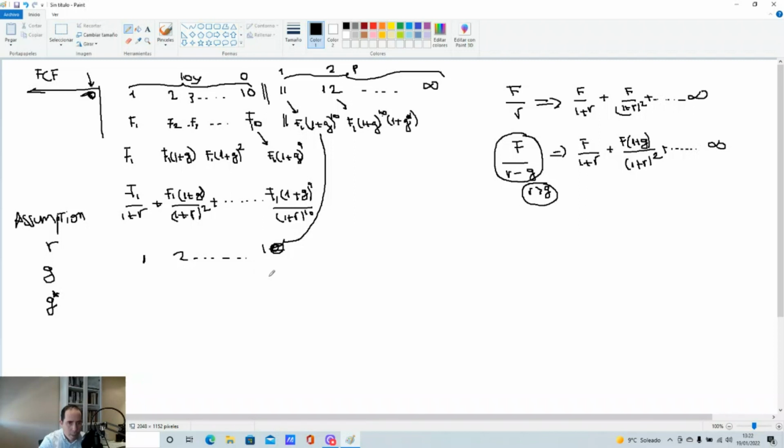Now here we could have something like this, 1 plus G at a 10. We are just taking our formula from the first term. We are considering that this is our first term for this indefinite sequence.